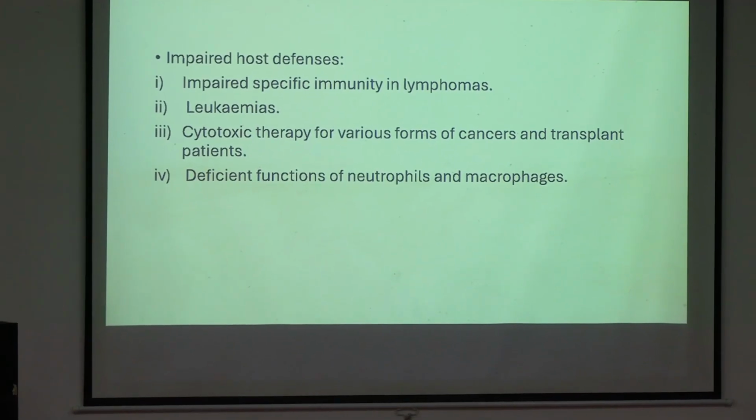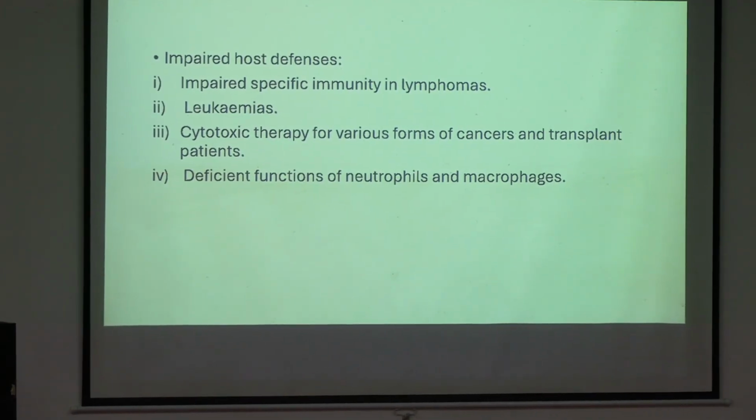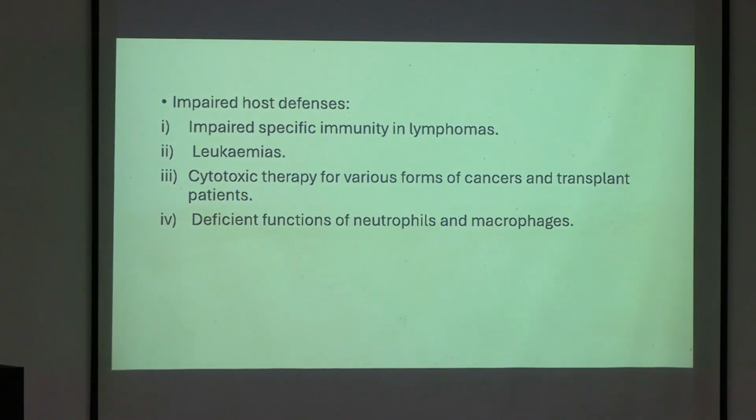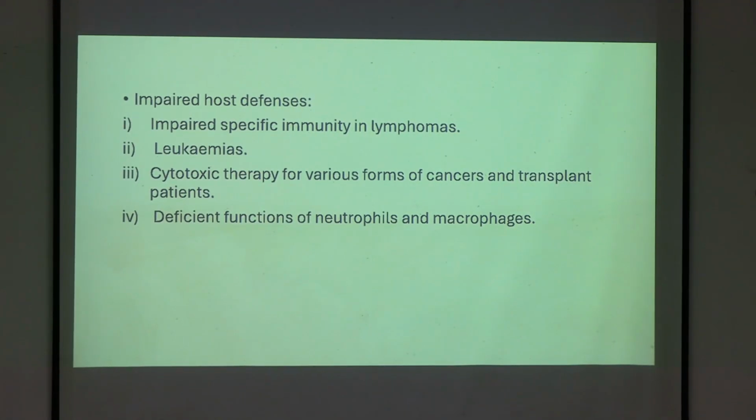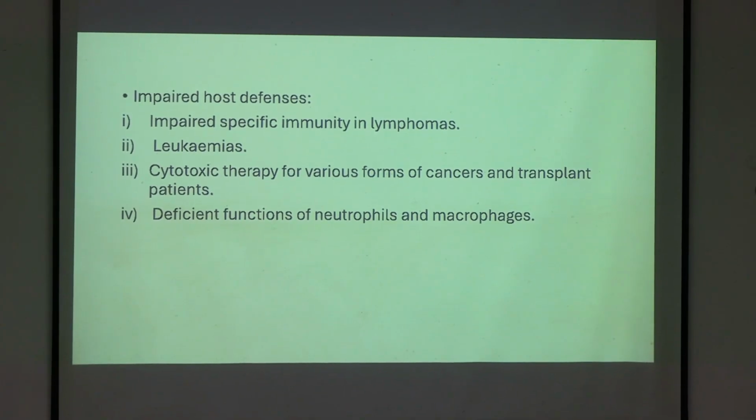The third one is impaired host defenses. So what will happen if the person is having the host defense impaired? Okay, so if we are having low immunity, we can get that. Okay, so in case of any lymphoma, in case of any leukemia, we can get this.